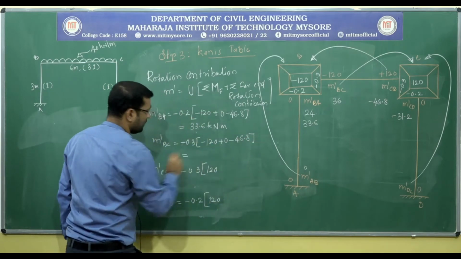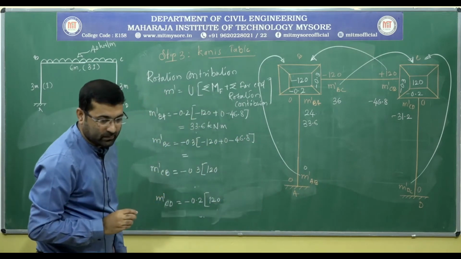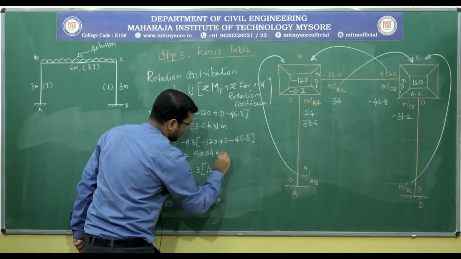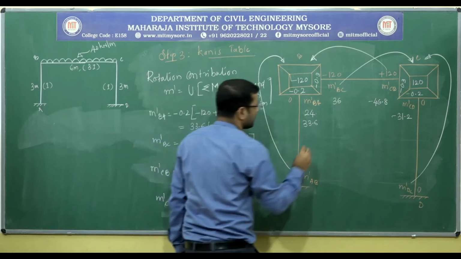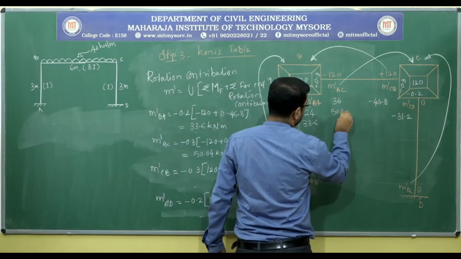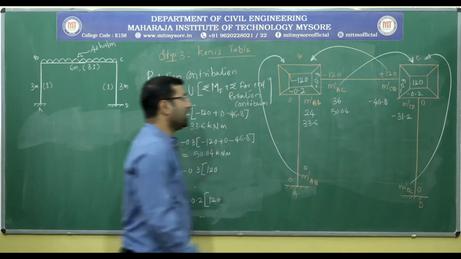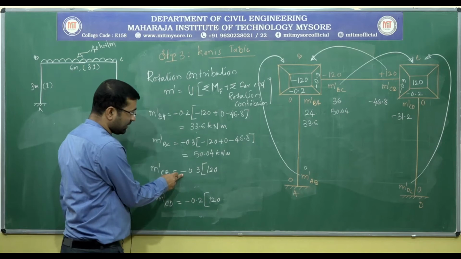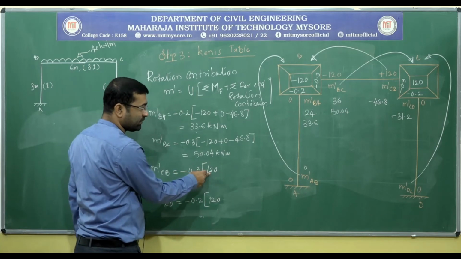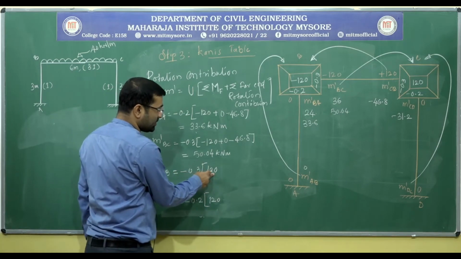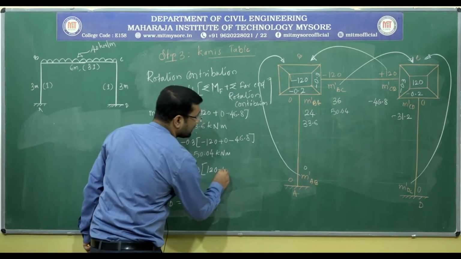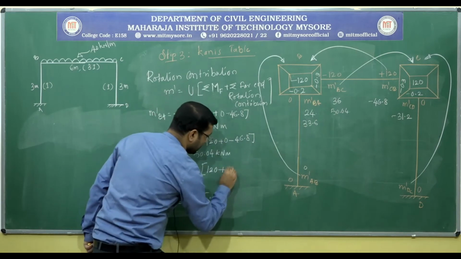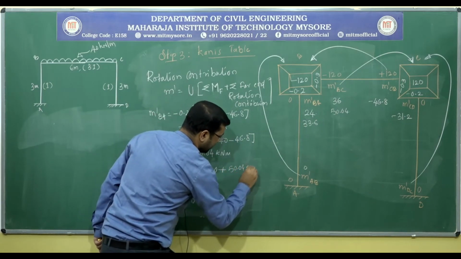This gives us a value of 50.04 kilonewton meter, 50.04. And similarly for m dash CB, the rotation factor, minus 0.3, into the fixed end moments, plus 120, plus the far end rotation contributions, that is 50.04 plus 0.